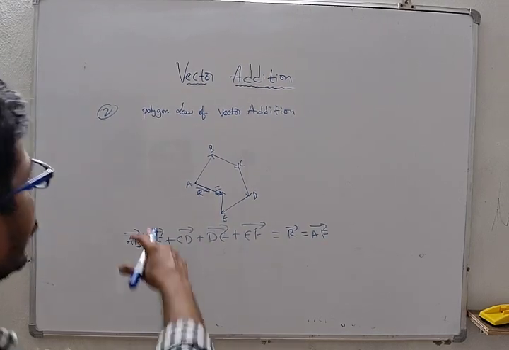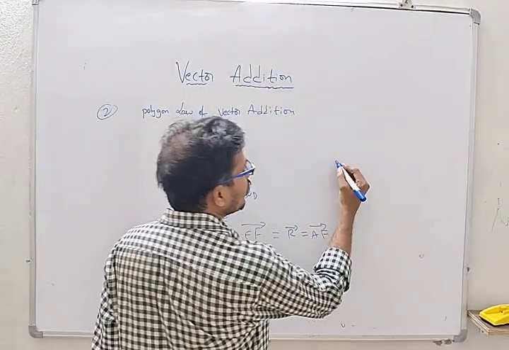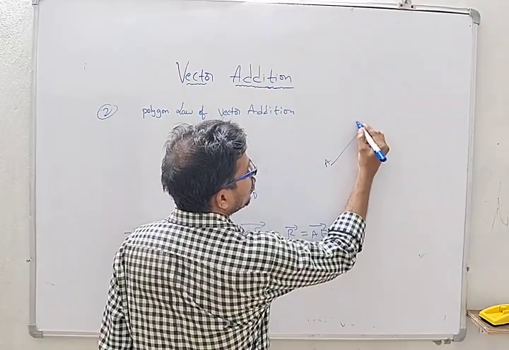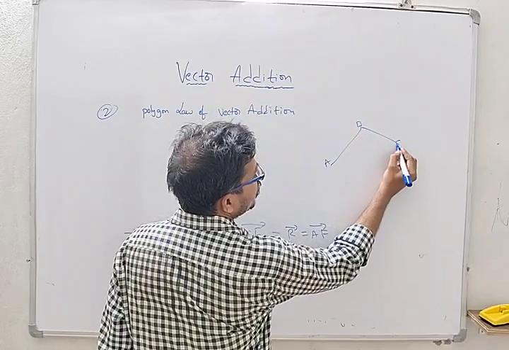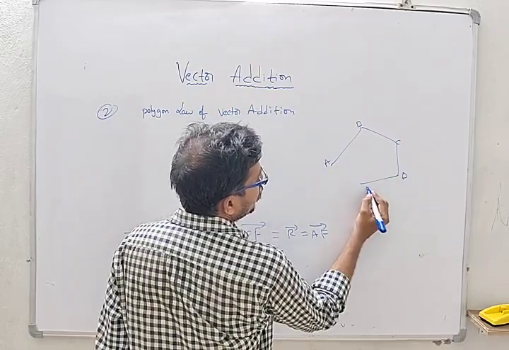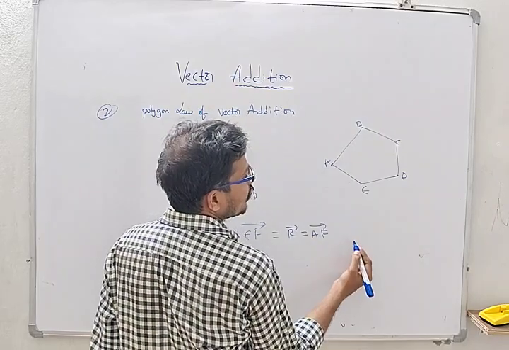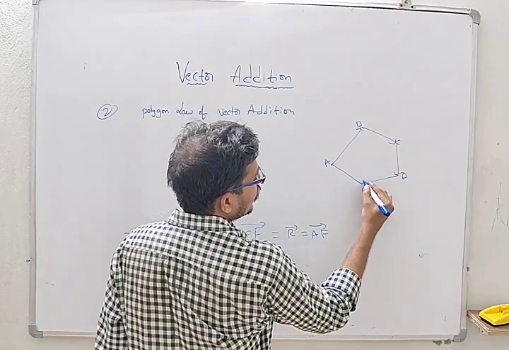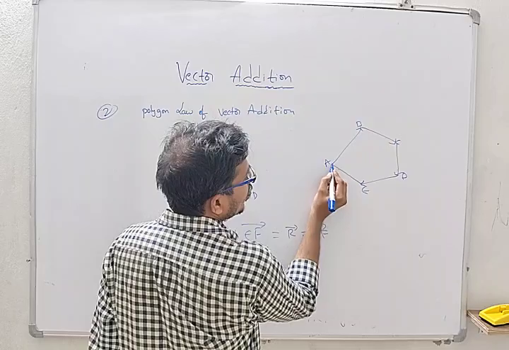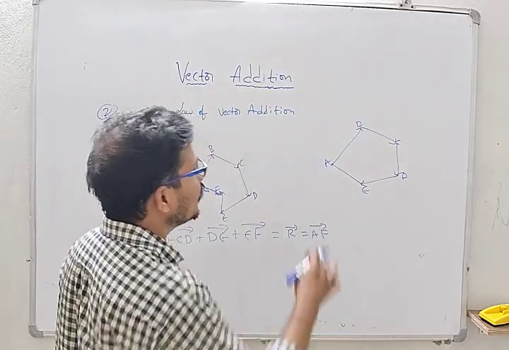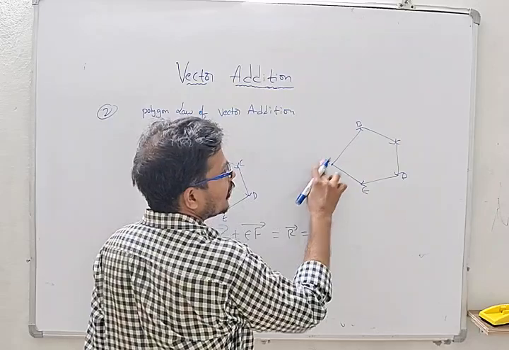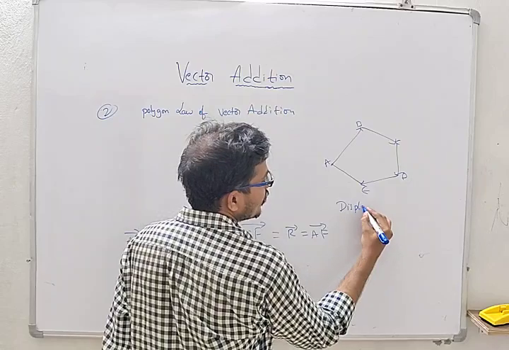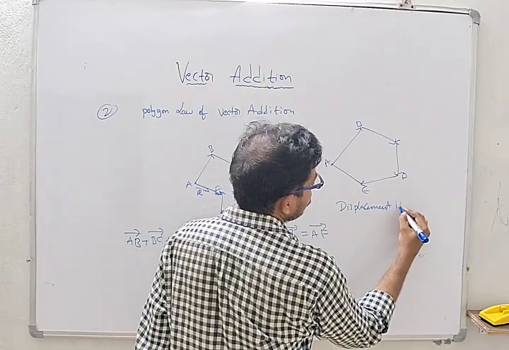Now one example on the polygon law of vector addition. For example, it starts from point A to B, B to C, C to D, D to E, and E to A. When it finally reaches from A to A, the displacement is 0.